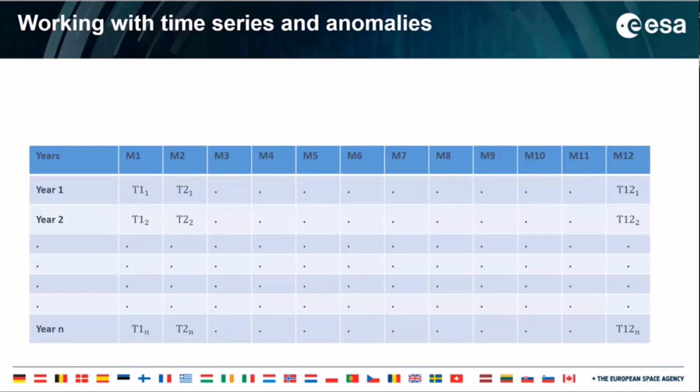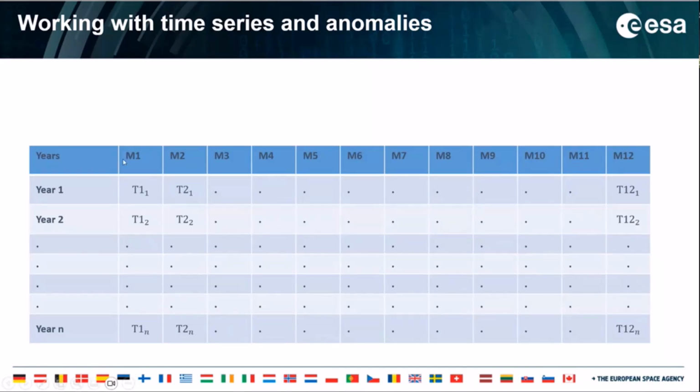So suppose I have here, in this case, Sentinel-2. I have a few years of observation, and I convert these data to monthly means, so in 1 year I have 12 months. So you can do all kinds of calculation.